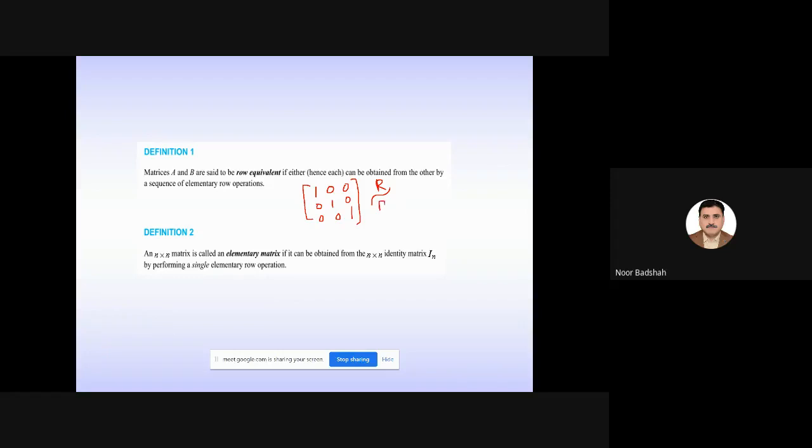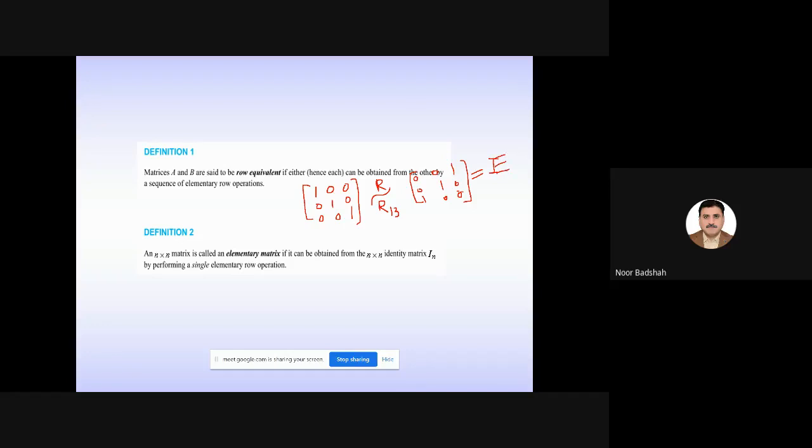If you interchange two rows, let's suppose row number 1 and row number 3, this becomes 0, 0, 1, 0, 1, 0, 1, 0, 0. You see, we interchanged the first and third rows. This matrix is known as an elementary matrix.